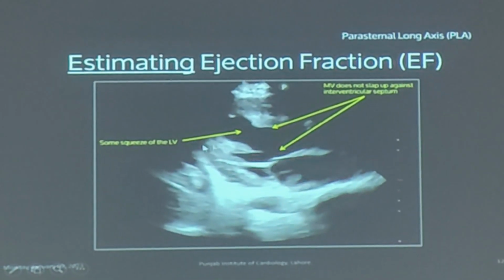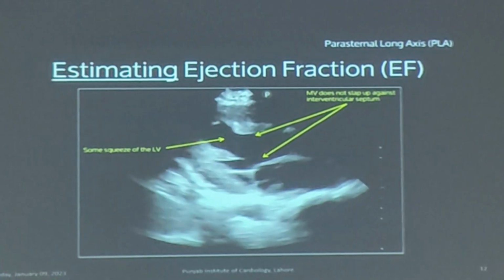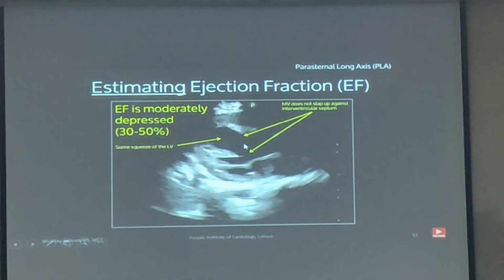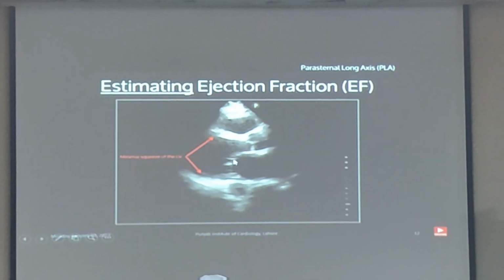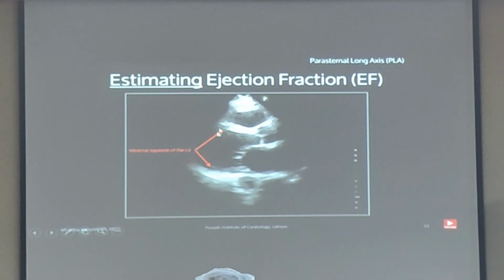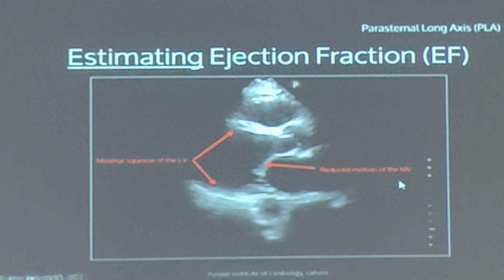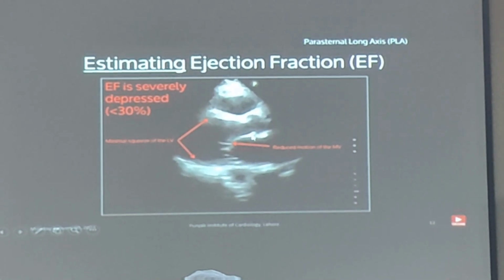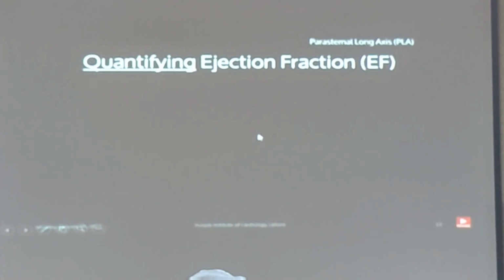If it is not moving that much, the ejection fraction, as you are looking here, might be 30 to 50%, moderately depressed. And if it is not moving at all, and the diameter is very huge in the LV, with reduced motion of the mitral valve, it is a poorly depressed LV, below 30%. Of course, there are other methods which I am going to discuss here.